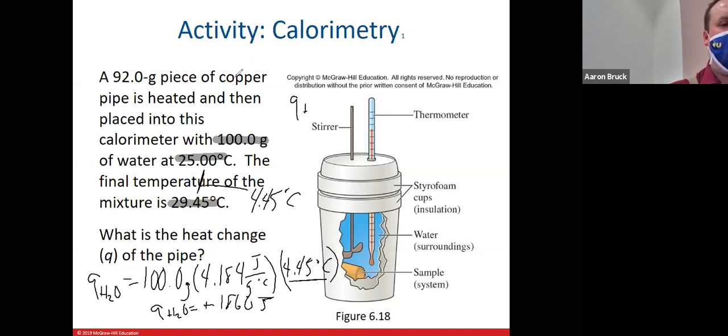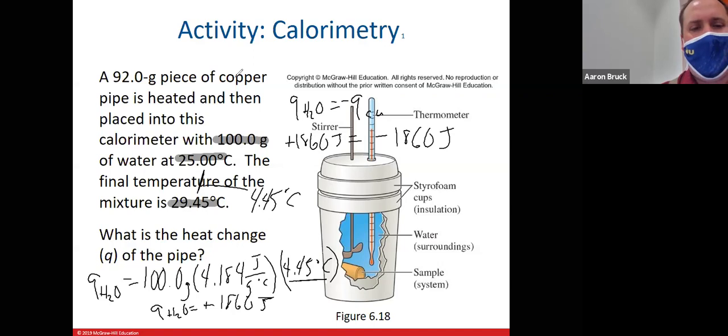And since the heat of the water would be the opposite of the heat of the copper pipe, if this is positive 1,860 joules, then the heat of the copper pipe would be negative 1,860 joules. Why negative?